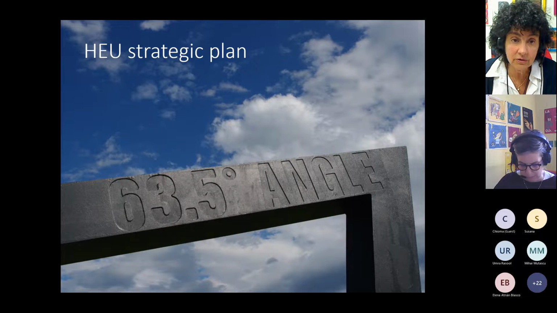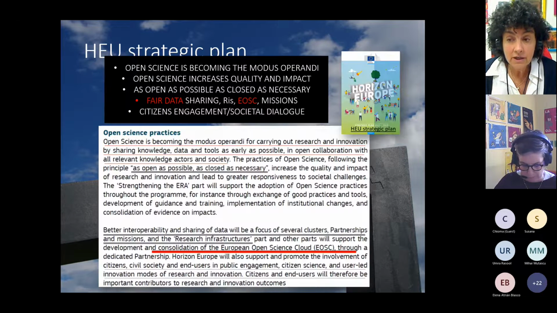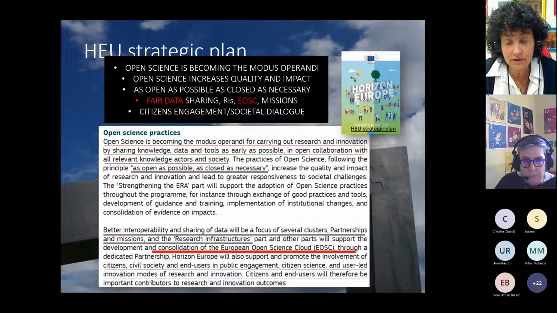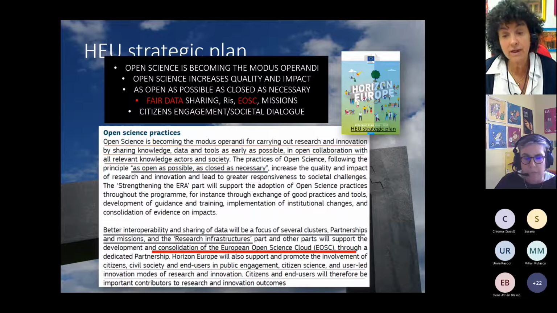If you look at the Horizon Europe strategic plan, you will read why the Commission chose to go open. As you can read here, open science is becoming the modus operandi for carrying out research and innovation by sharing knowledge, data, and tools as early as possible. This is a very important message.